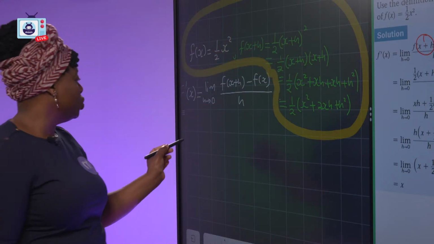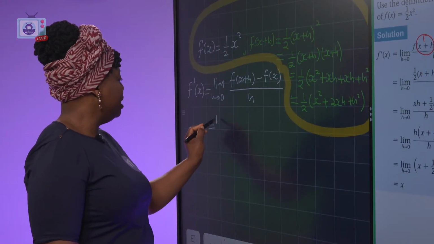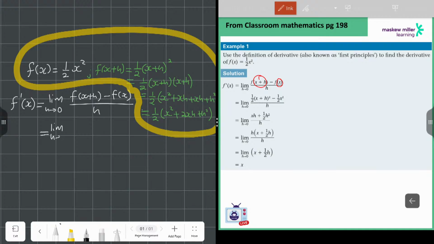So let's substitute. This will be equal to the limit as h approaches 0. That is very, very important. Then instead of writing f of x plus h, we are going to write, let's use our green, a half, and then it has x squared plus 2xh plus h squared. That is what we have, right?